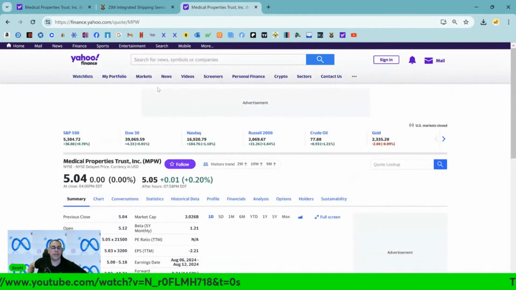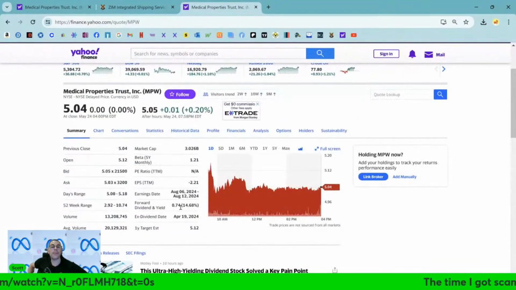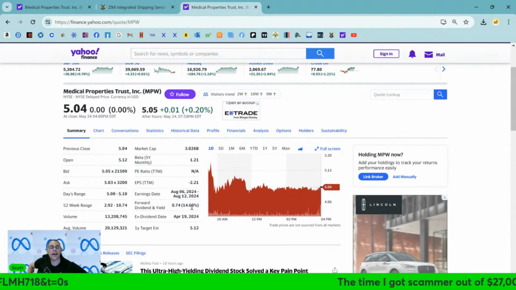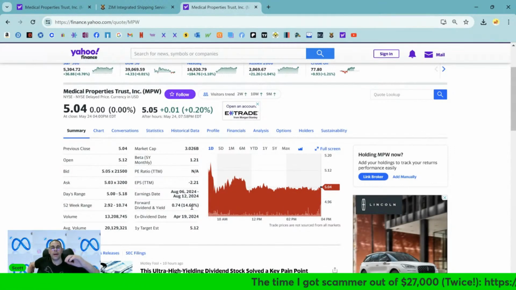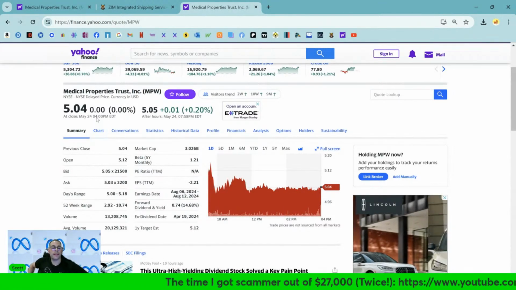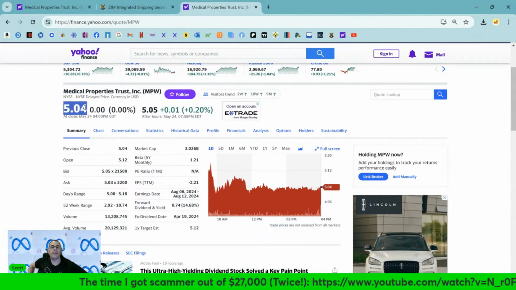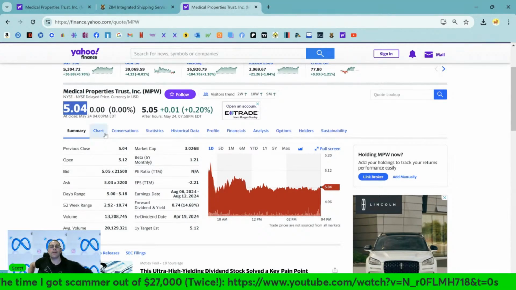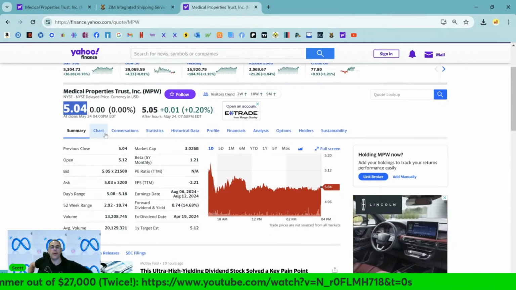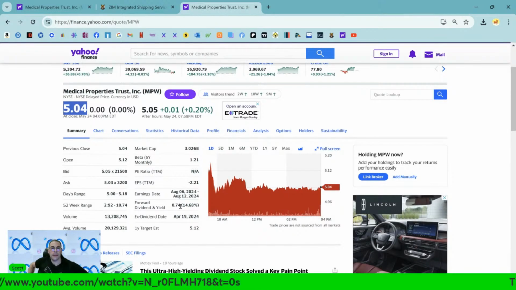What's their yield? What's the dividend? 15%. That's the thing that you benefit from, because if you buy the stock for 5, and let's just say it goes down to 4, you still get a really big dividend, assuming they keep it.